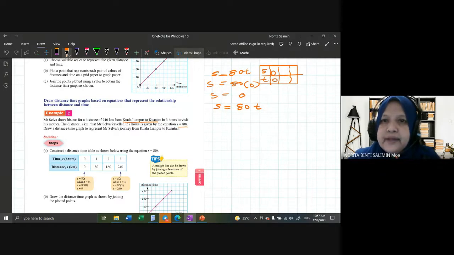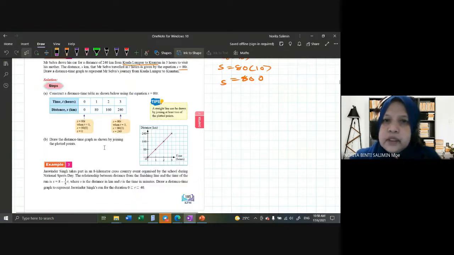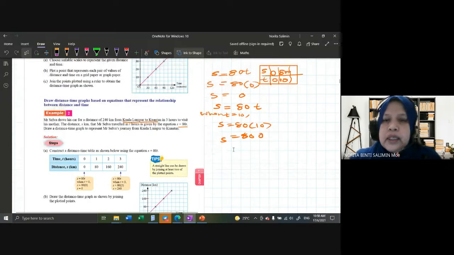When T is equal to 10, S is equal to 80 multiplied by 10, so 800. Then we use the coordinates (0, 0) and (10, 800) to draw a graph.